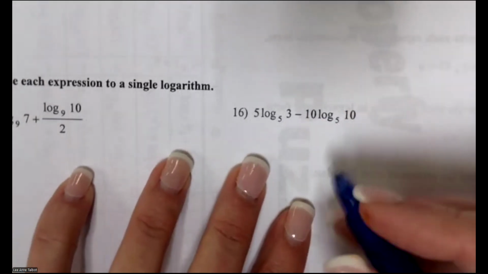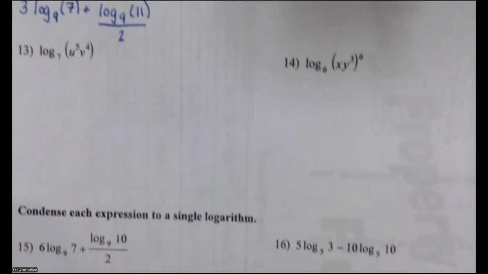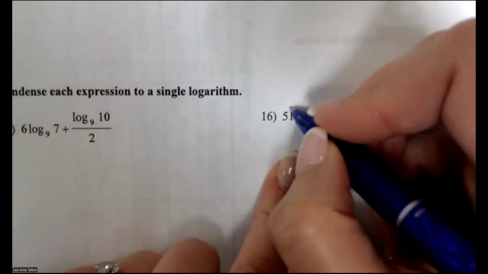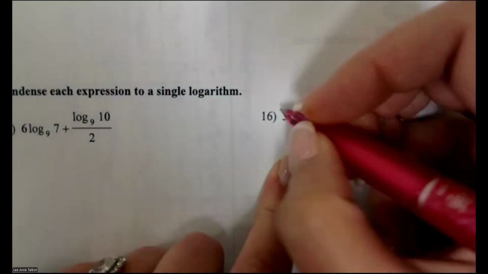Okay, so condense means you could do your steps backwards. There's no dividing, so I'm here. So I'm going to go backwards and put the exponents back. So, hold on.